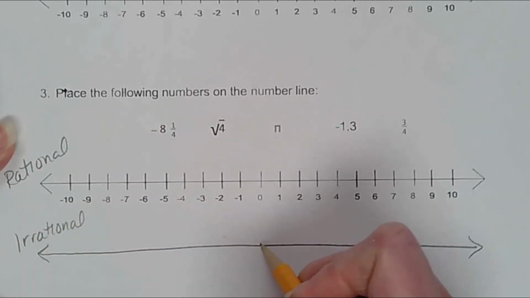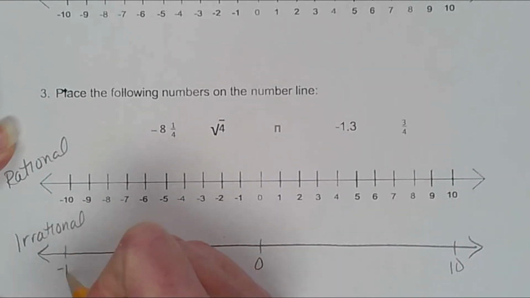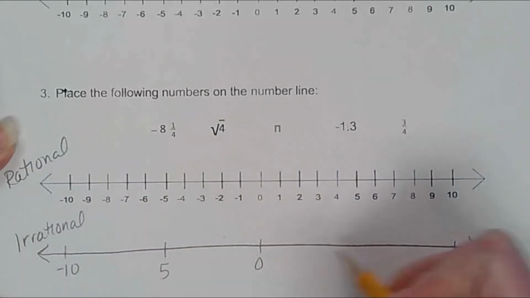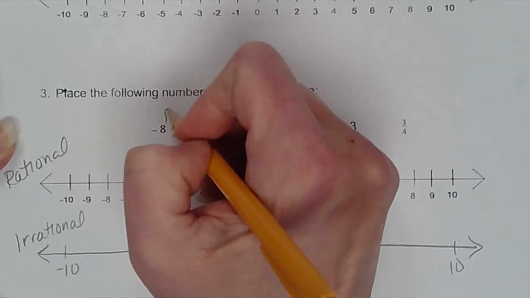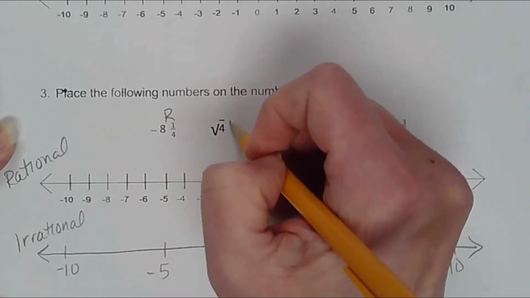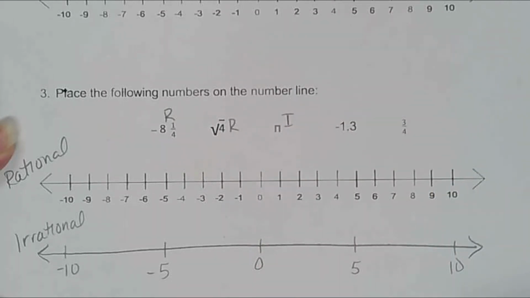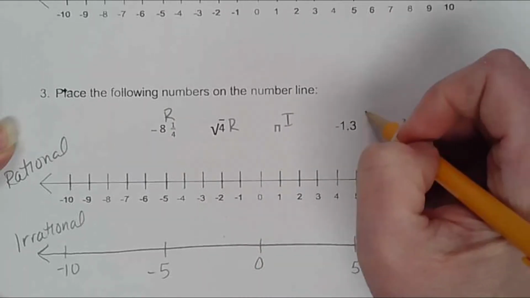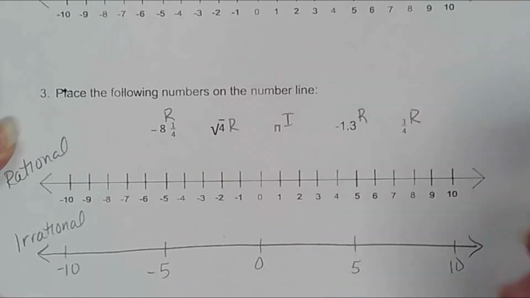So if I made this 0 and this 10 and this -10, this 5, this 5. Let's first label: this is rational because it's a fraction, rational because it's perfect, irrational because it's pi and it goes on forever, rational because it ends, rational because it's a fraction.